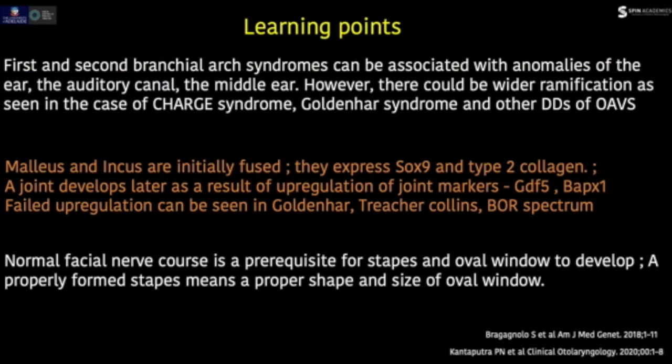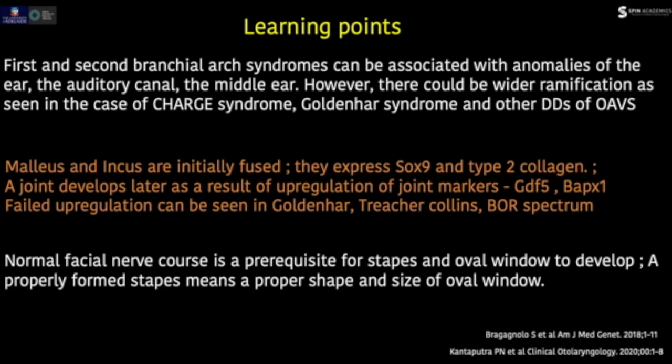The first and second branchial arch syndromes can be associated with anomalies of the ear, the auditory canal, the middle ear. However, as we have seen, there could be wider ramifications, as in the Charge syndrome, Goldenhar syndrome, and other differentials of the oculo-auriculovertebral spectrum. The malleus and incus are initially fused. They express SOX9 and type 2 collagen.